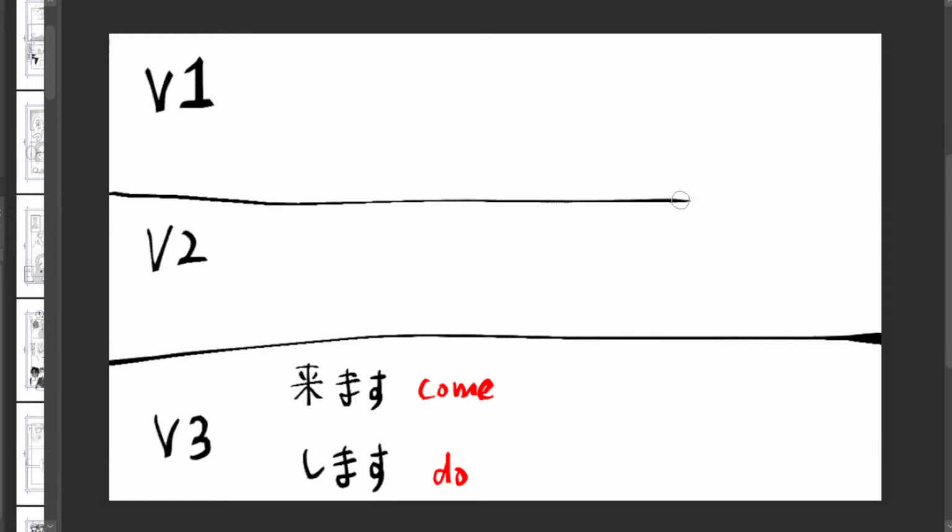And for V2, you have two characteristics on how to know V2. Sorry, I cannot find the word in English.